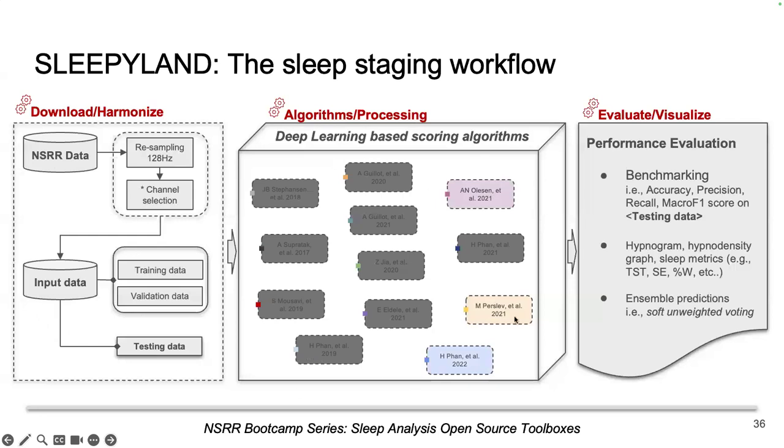In the other block, we need something that is able to process all this data and run the pre-trained algorithms, and let them run locally, mainly. And another part where the user should then be able to visualize and evaluate all the different algorithms on the NSRR data at the moment.